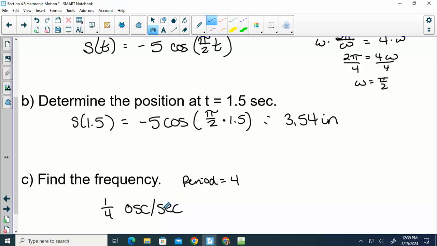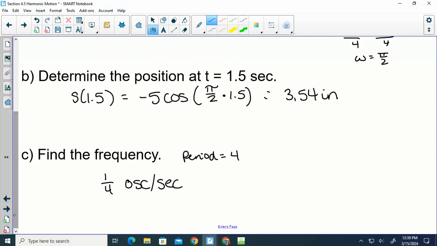If the period is 4 seconds, it takes 4 seconds to complete an entire cycle. What this is saying is it does 1/4 of its cycle every second. So they're pretty similar. Period is how long to get the whole thing, and frequency is how much you've done in 1 second.